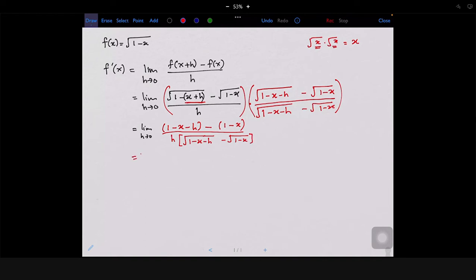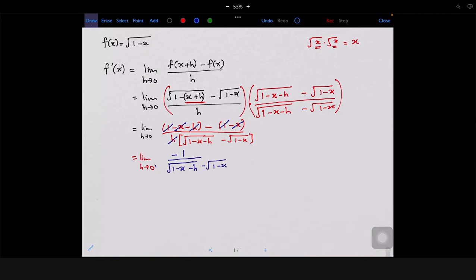Okay, next, limit h approach to 0, simplify yang atas tu. 1 boleh cancel. X boleh cancel. H boleh cancel yang bawah. So hanya tinggal negative 1.